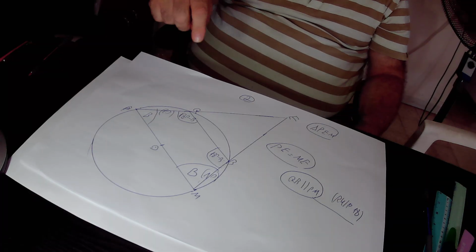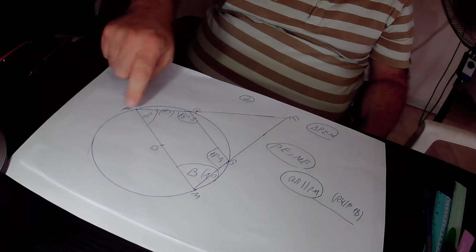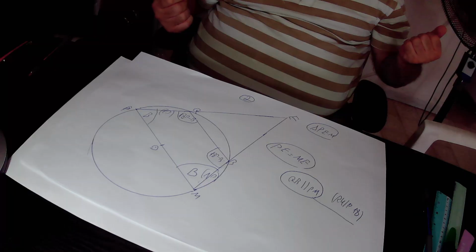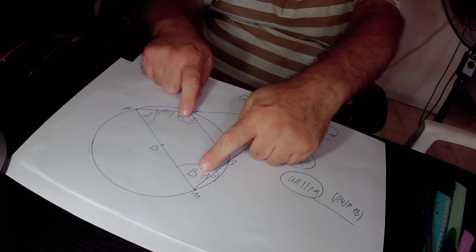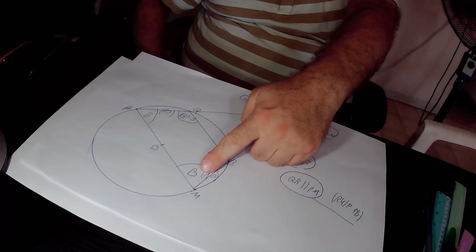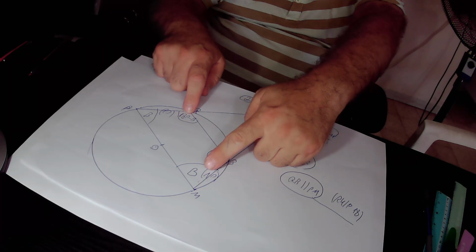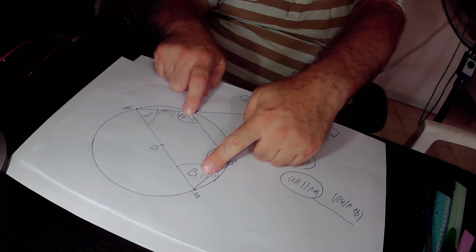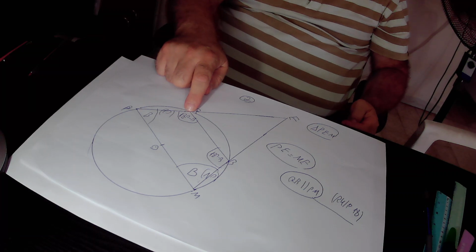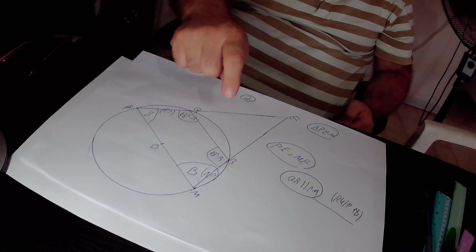So because this quadrilateral PQBM is inscribed by this circle, the sum of its two opposite angles must be equal to 180 degrees. But this angle equals beta. So beta plus the size of this angle must be equal to 180 degrees according to the rule that I mentioned. Therefore this missing angle must be equal to 180 degrees minus beta. Why? Because 180 degrees minus beta plus beta is 180 degrees.